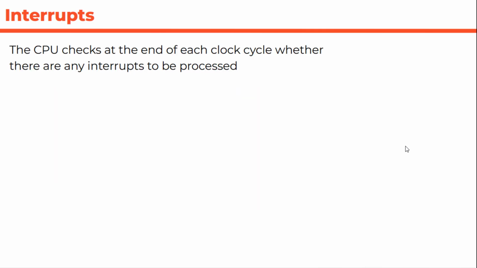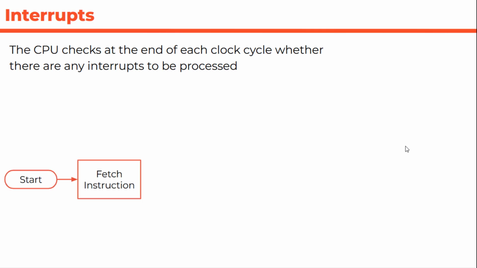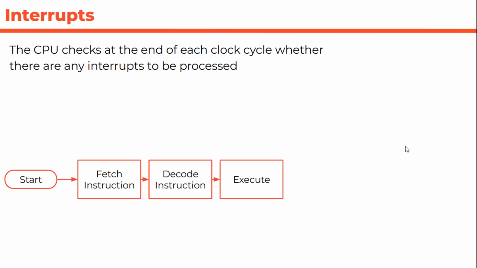So, if we think about those kinds of interrupts, they'll happen quite frequently across your computer. But the CPU will check at the end of each clock cycle whether there are any interrupts to be processed. So if we start off on our computer and we are fetching, decoding and executing instructions, your processor is going along no problem.